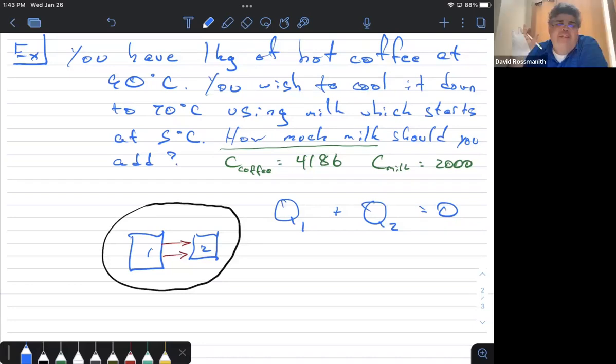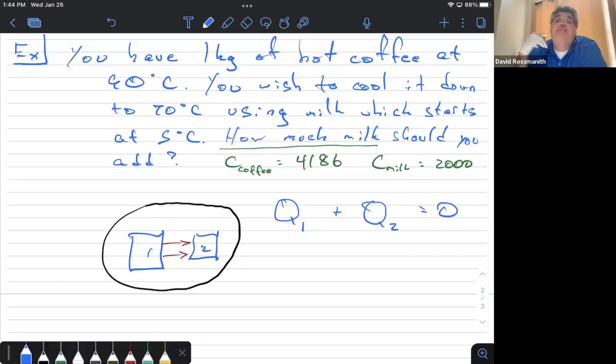Only in this example where I've stated that 1 is the hot thing and 2 is the cold thing. It could be that 2 was the hot thing and 1 was the cold thing, in which case 2 would be the negative guy. But then you could just call 2 1 because it's just a name. Who cares what you name it? But in all of these things, every question we're about to do, there must be something that's hotter and something that's colder.